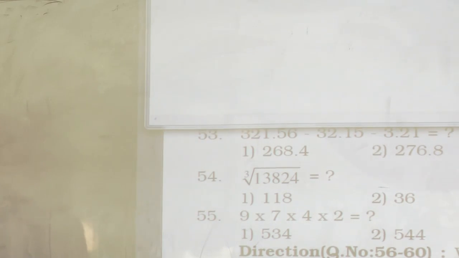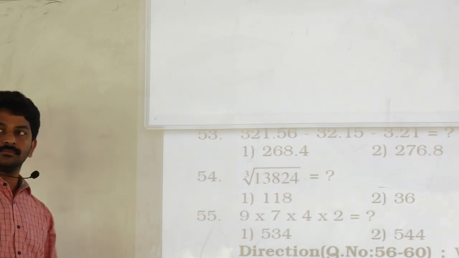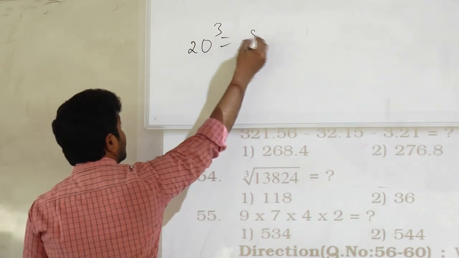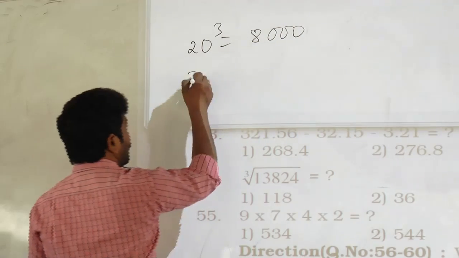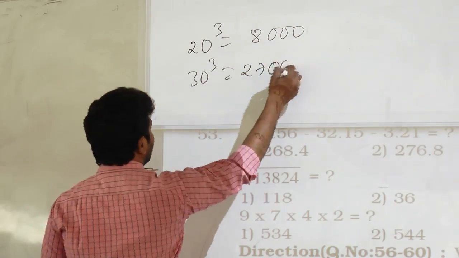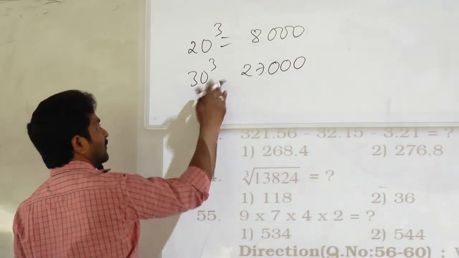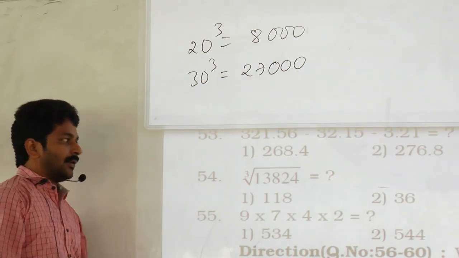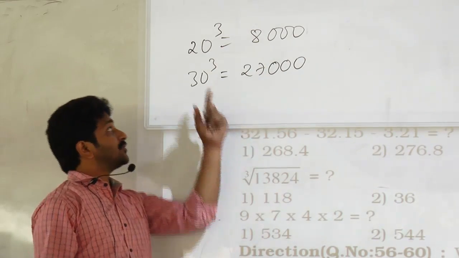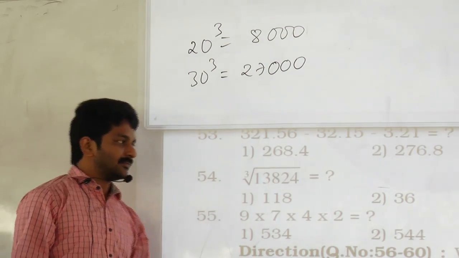54. Cube root of 13,824. What is 20 cube? 8,000. What is 30 cube? 3 cube, 27, and then 3 zeros. 27,000. Our number is between these two. The answer should be more than 20, less than 30.